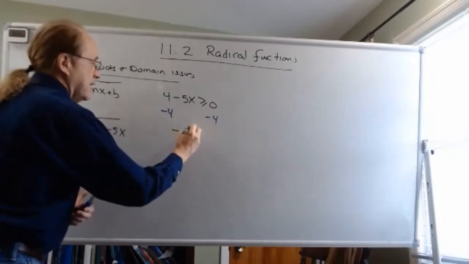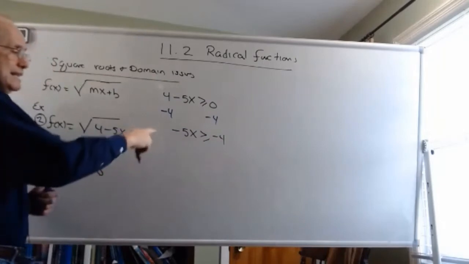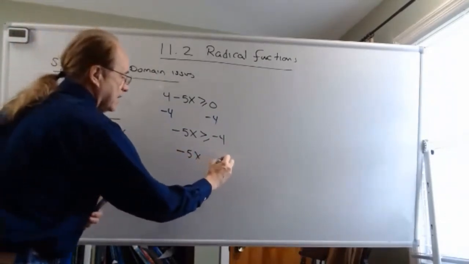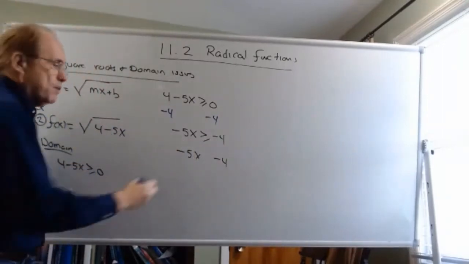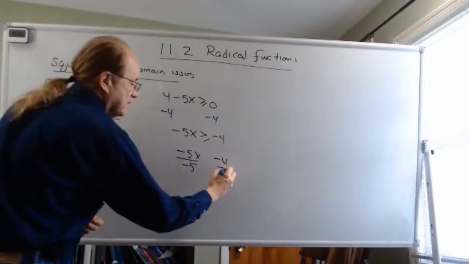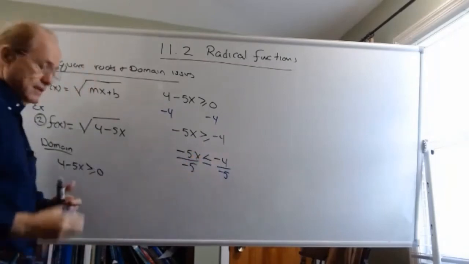So I get a negative 5x is greater than or equal to a negative 4. Then I need to divide both sides by negative 5. But we recall that when we're dealing with an inequality and we divide both sides by a negative, we have to change the direction of the inequality.